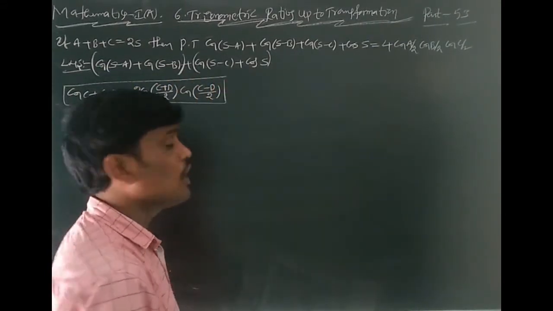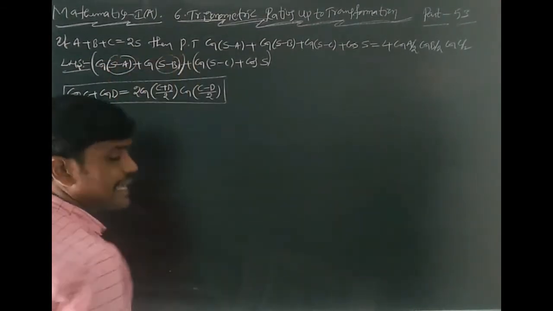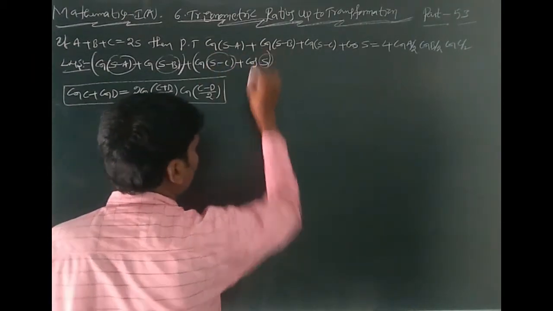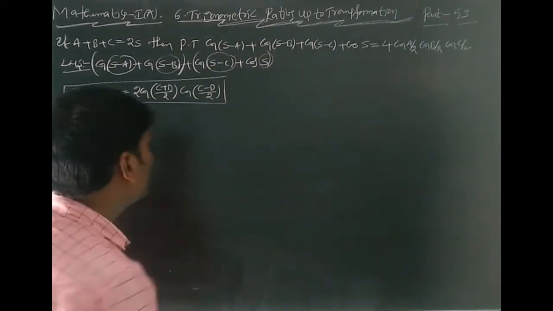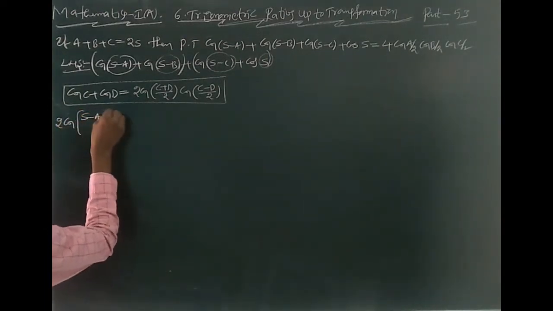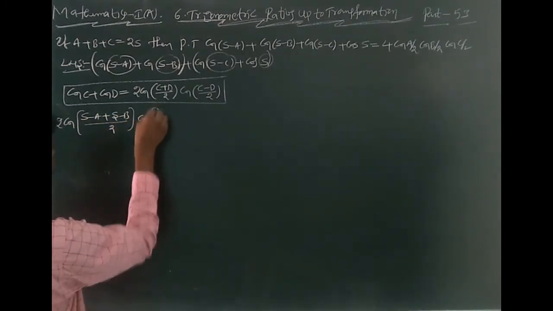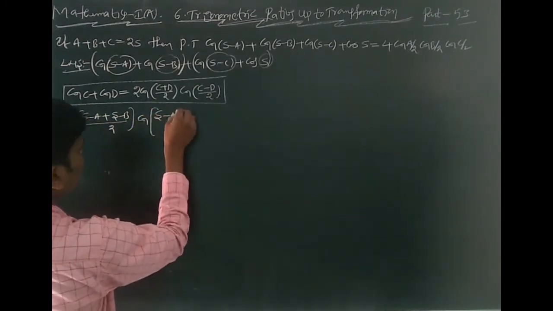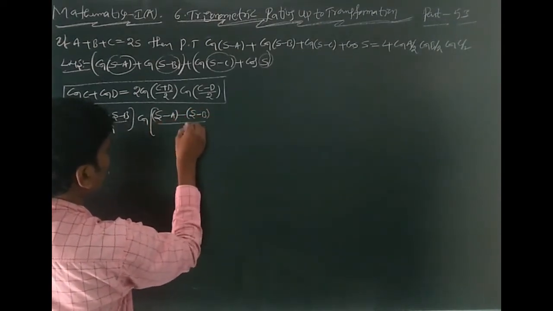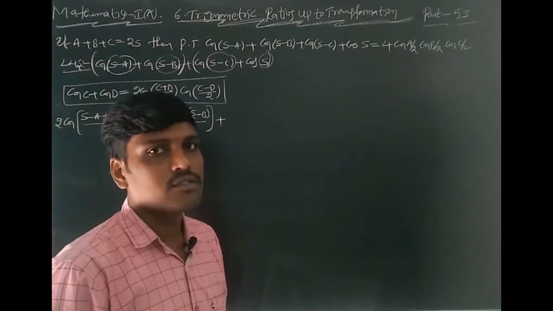In this formula, c value is s minus a and d value is s minus b for the first term. You can write 2 cos of ((s minus a) plus (s minus b)) by 2 into cos of ((s minus a) minus (s minus b)) by 2. The first term you can apply the formula perfectly.